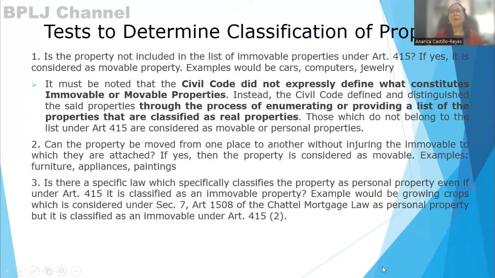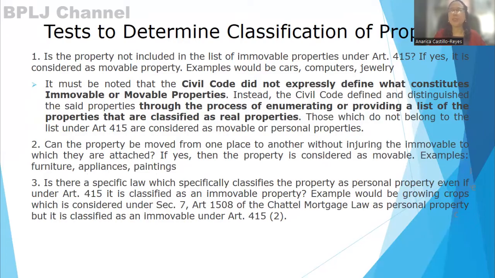Okay. Now, what are the tests to determine the classification of property? Again, if the property is not included in the list of immovable properties under Article 415, it is considered as a movable property. So you have to consult Article 415 and see if it is within the enumeration.